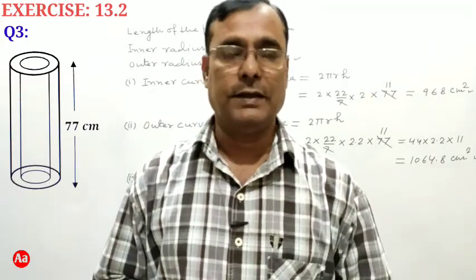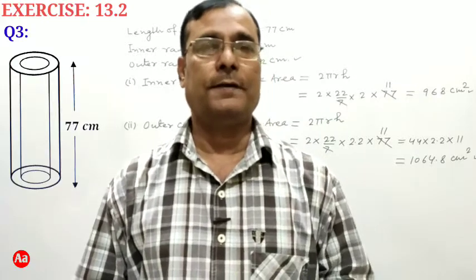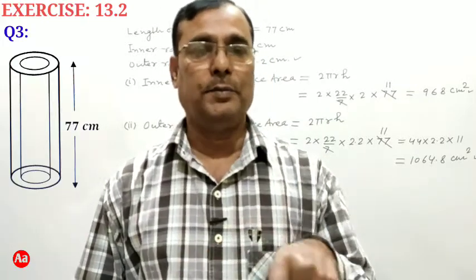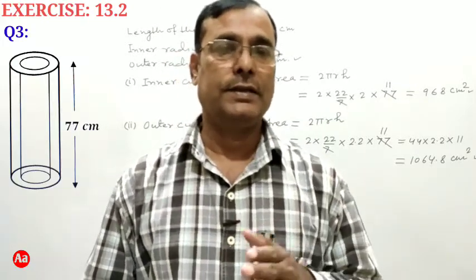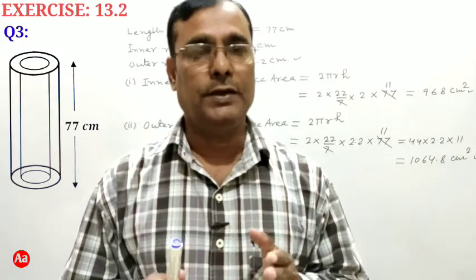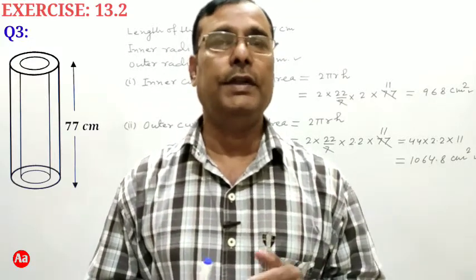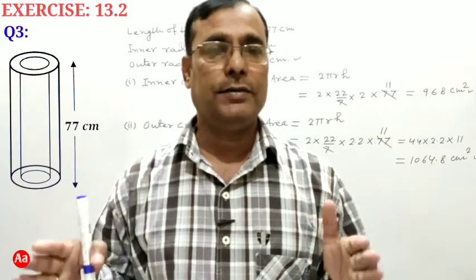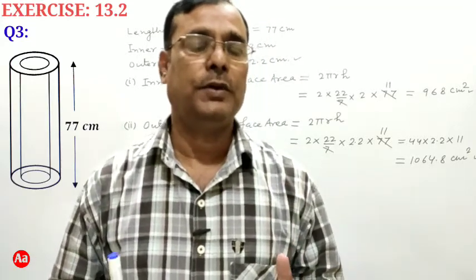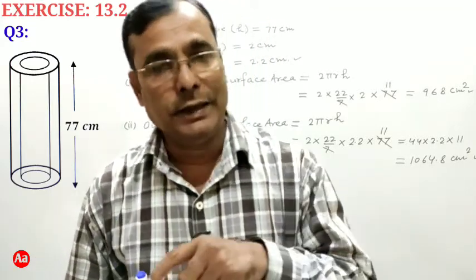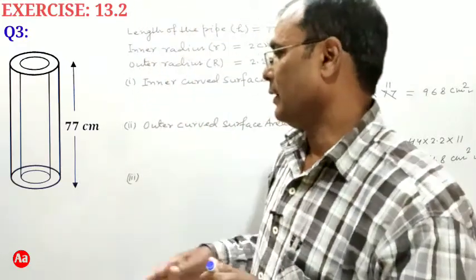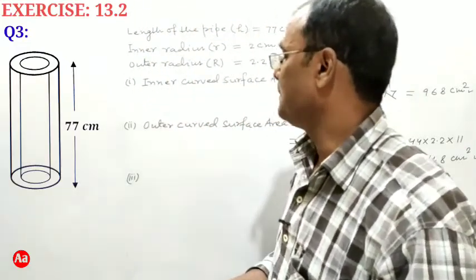Both the cross sections are ring shaped areas. So to find the total surface area, we need to calculate the area of the two cross sections of the pipe, which is in the ring shape, like this in this figure.